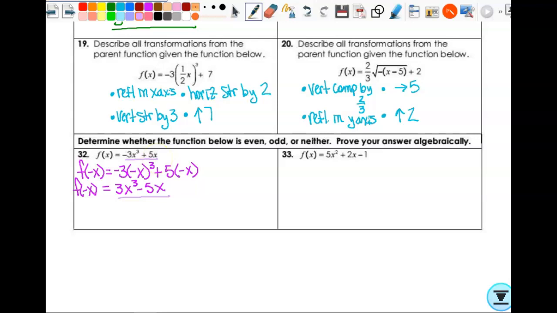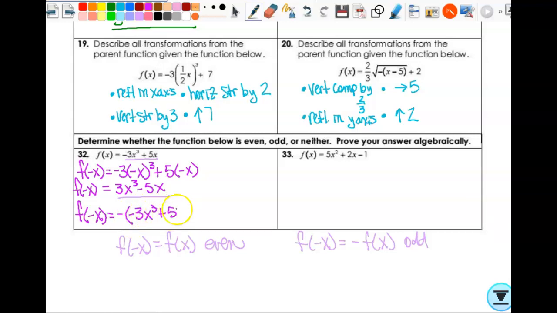So that means it's not even, because remember that if f of negative x equals f of x, that makes it even. And if f of negative x equals negative f of x, that makes it odd. So since it doesn't equal f of x, I need to see if it equals negative f of x. So I factor out a negative, and I get f of negative x equals negative, and that leaves me with negative 3x cubed plus 5x.